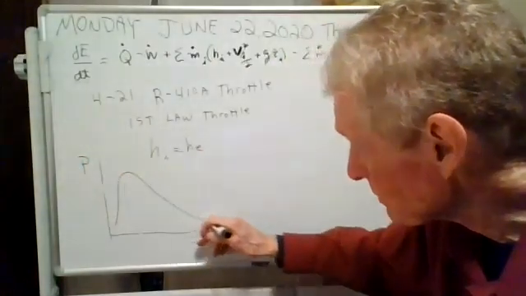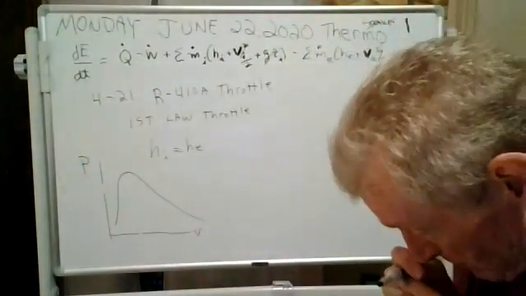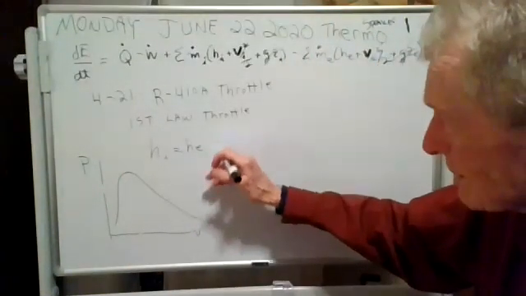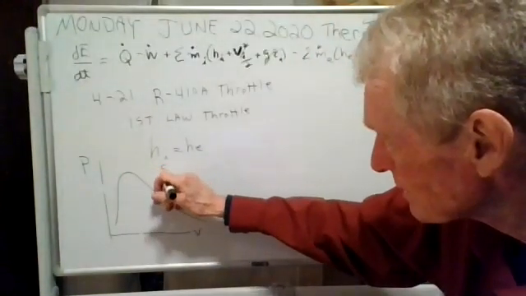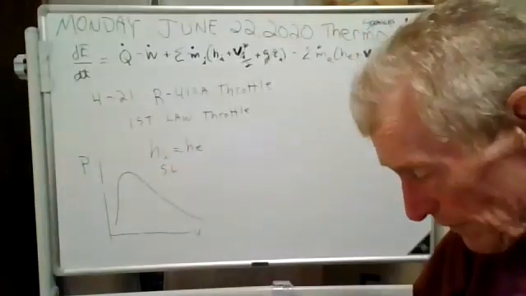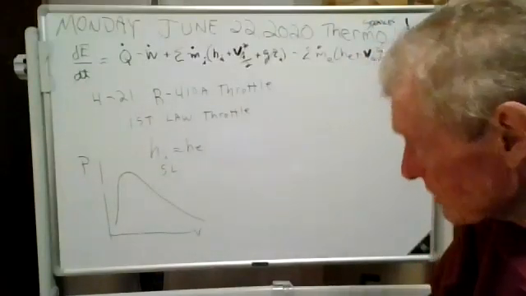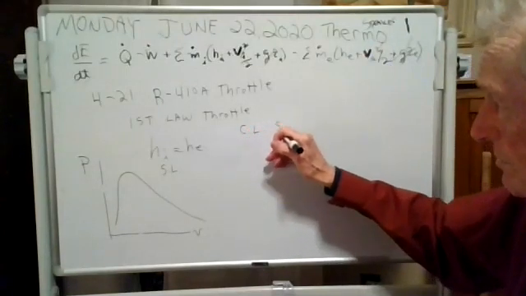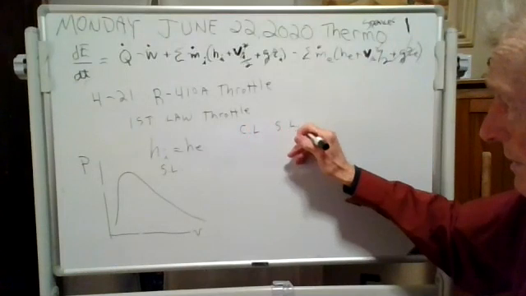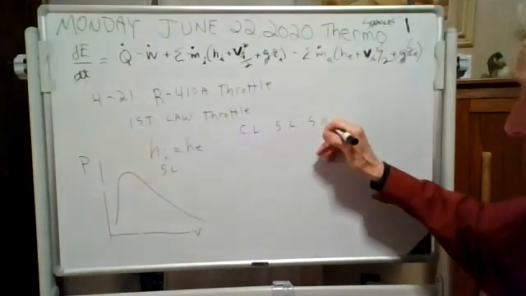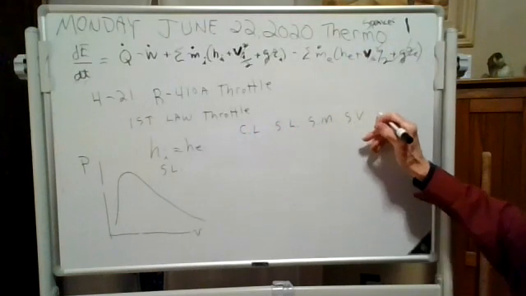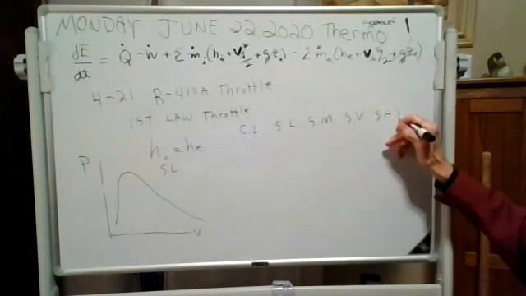And what we're going to do is find out where saturated liquid is. Well, where is saturated liquid? See, there's compressed liquid, there's saturated liquid, there's saturated mixture, there's saturated vapor, and there's superheated vapor.